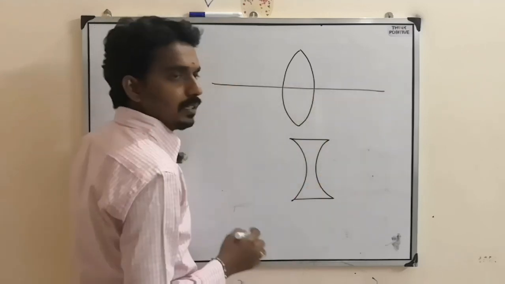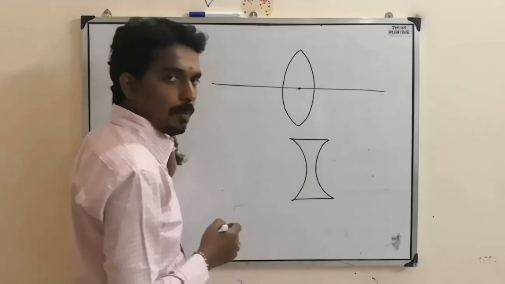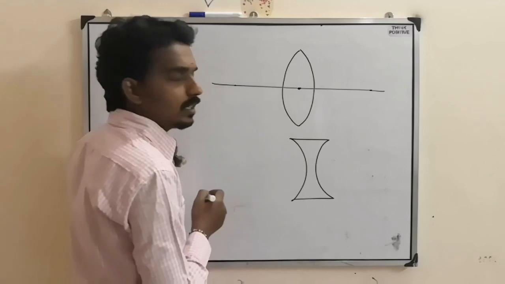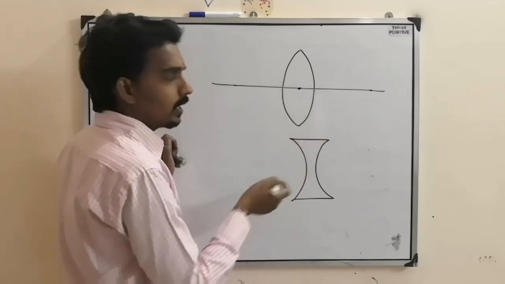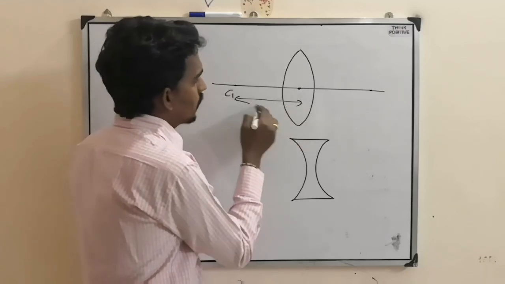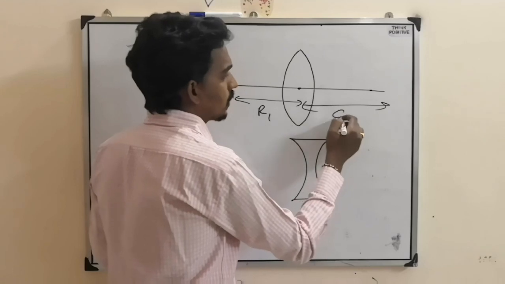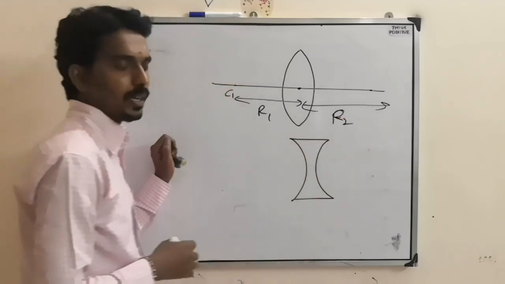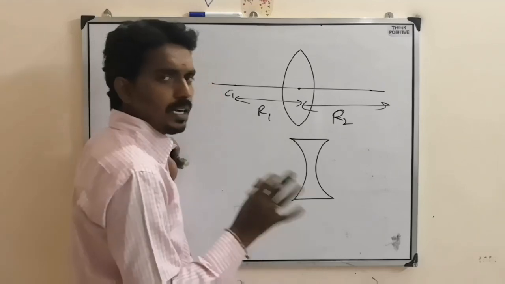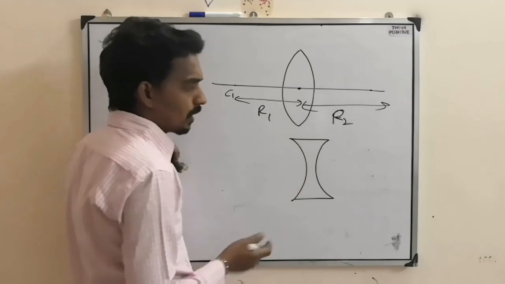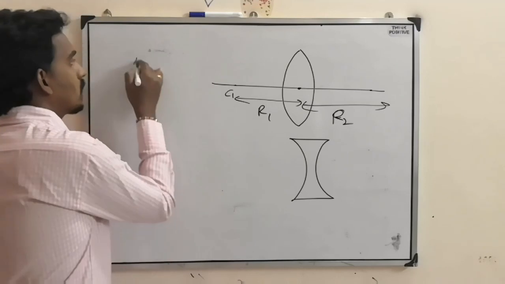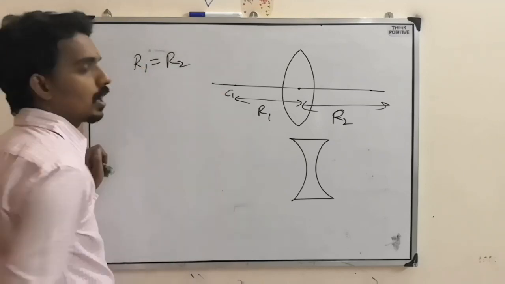That means there is one central point called optical center, and there are two surfaces, so there are two centers, two foci, and two radii of curvature. Generally we will take R1 and R2 for concave or convex lens. But when they mention equiconvex lens or equiconcave lens, then we will take R1 equal to R2.